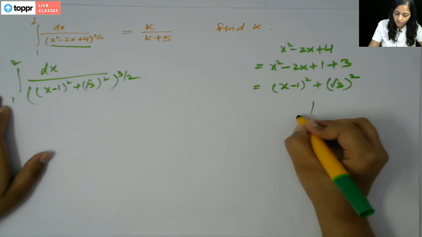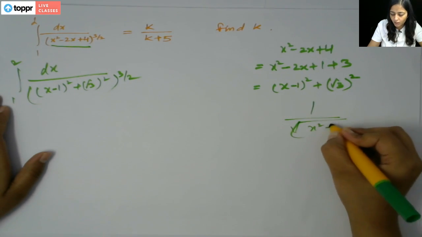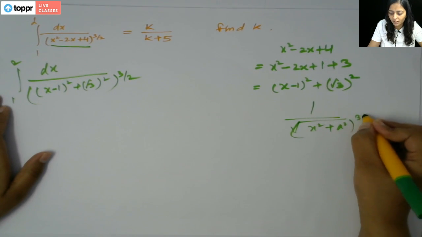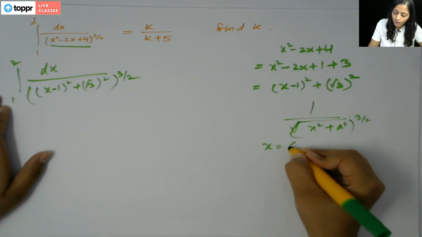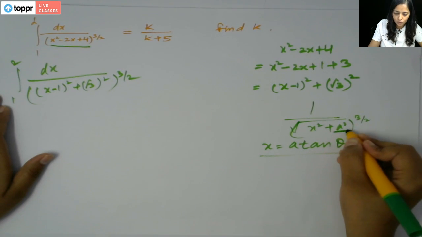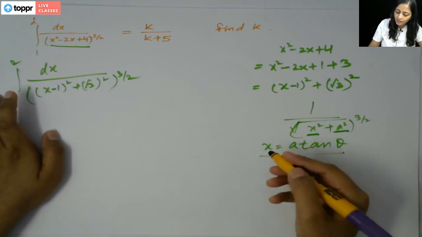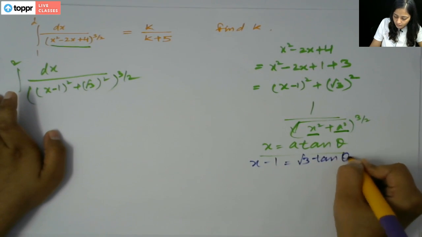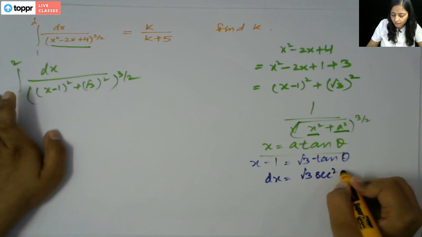Now if we have questions like this, 1 upon x square plus a square raised to power 3 by 2 or 5 by 2, something like that, we take x equal to a tan theta. So now here a is root 3, and x is x minus 1, so we'll take x minus 1 equal to root 3 tan theta. So dx is root 3 sec square theta d theta.